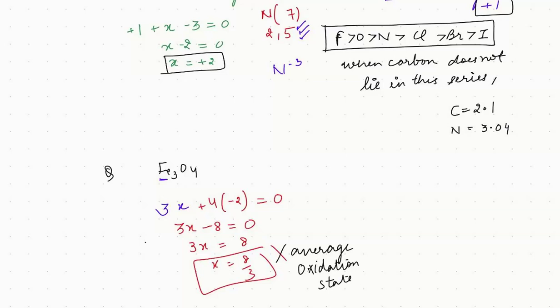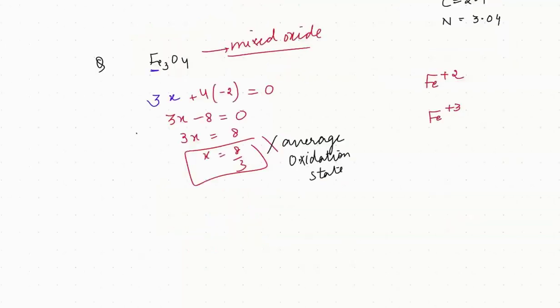How do I say Fe3O4? Fe3O4 is a mixed oxide. Because in the previous and younger classes, you must have learned that iron exists in 2 charges, Fe+2 and Fe+3. So when we talk about Fe3O4, you would say that it is FeO and Fe2O3.